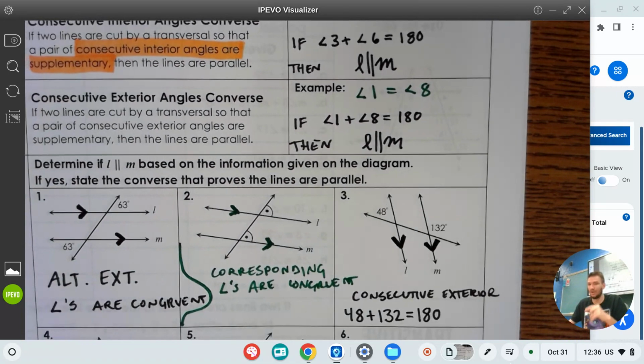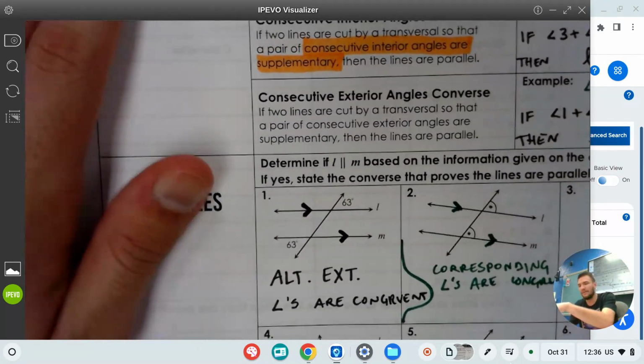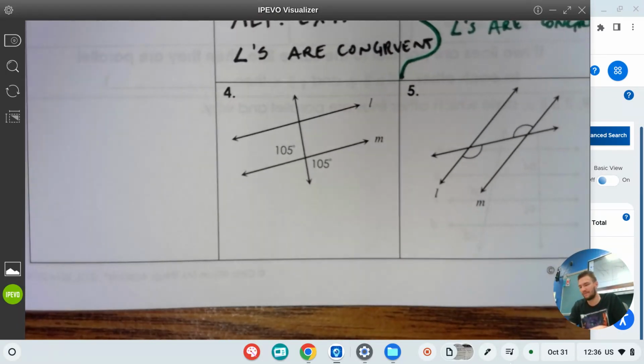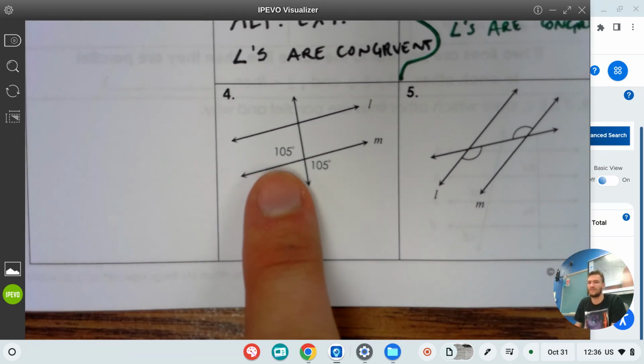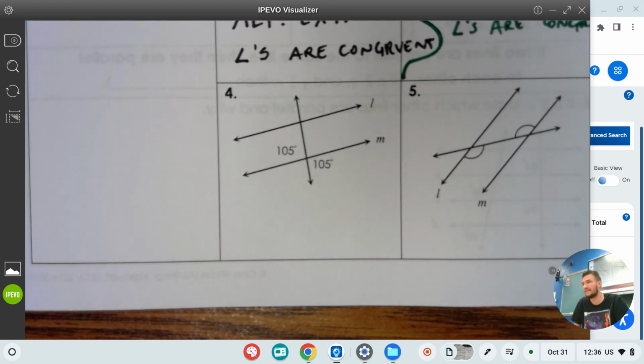Now, those first 3, they're a little bit snoozers. It's not that interesting. The bottom 3 is where it gets a little bit more interesting. So for number 4, look at these two angles. How do they relate to each other? They're vertical.